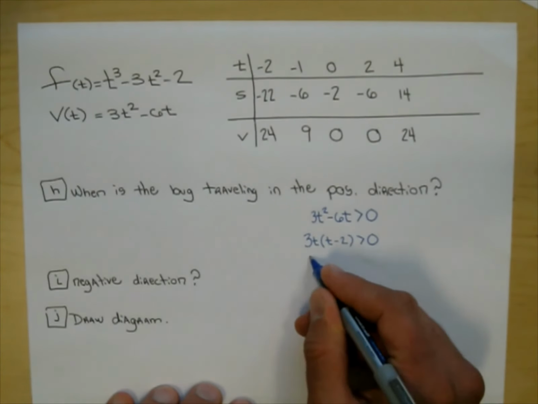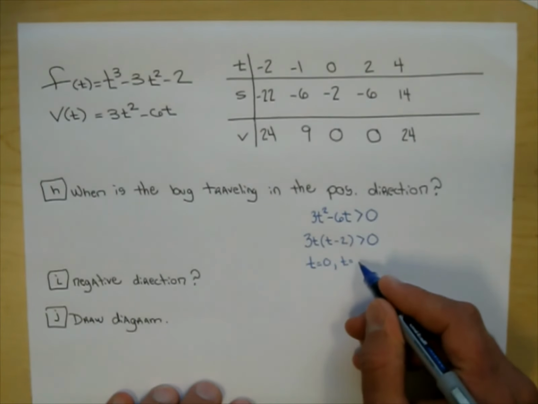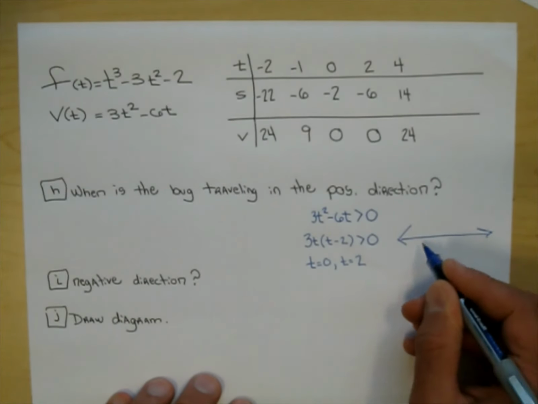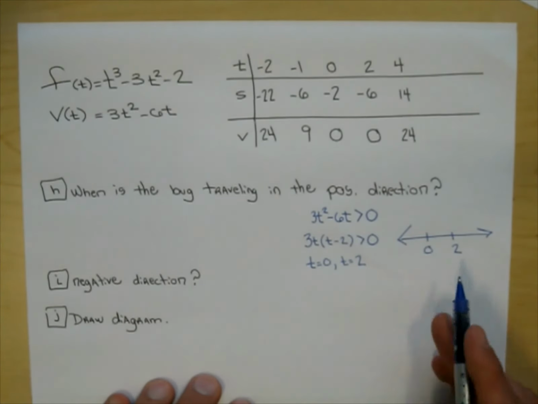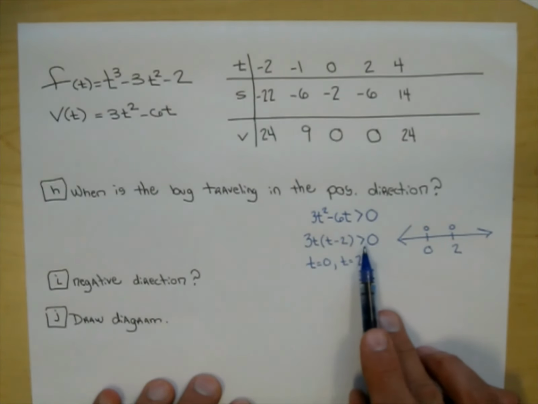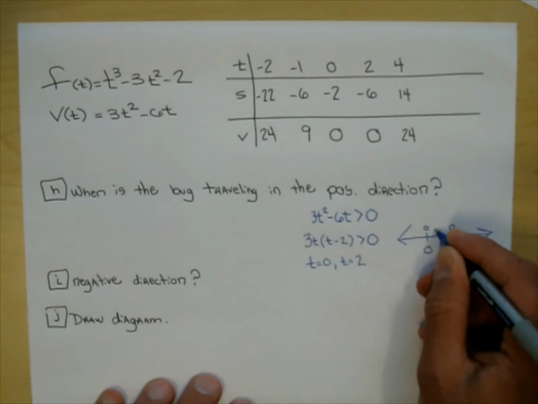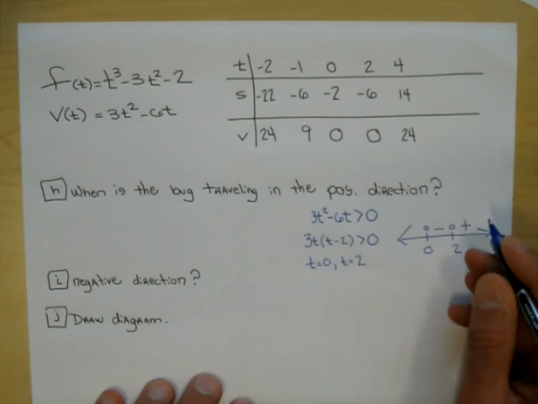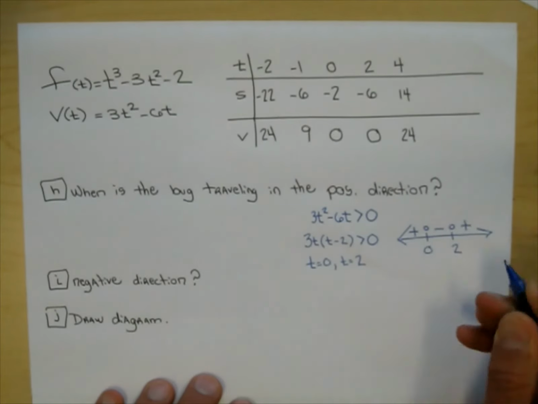You might remember these quadratic inequalities from pre-calculus. I'm going to put those times on a number line, time 0 and time 2, the zeros of the function. Then I'm going to put some values in, like t equals 1. If I put t equals 1 in there, I have a positive times a negative, which makes a negative. T equals 50 is a positive times a positive, which is a positive. And t equals negative 1 is a negative times a negative, which is a positive.